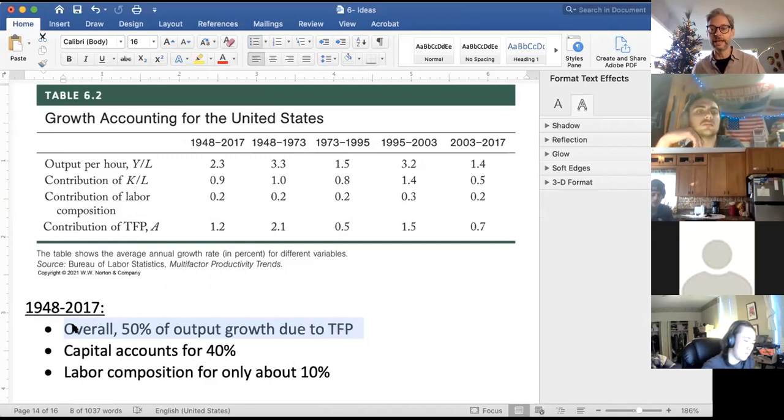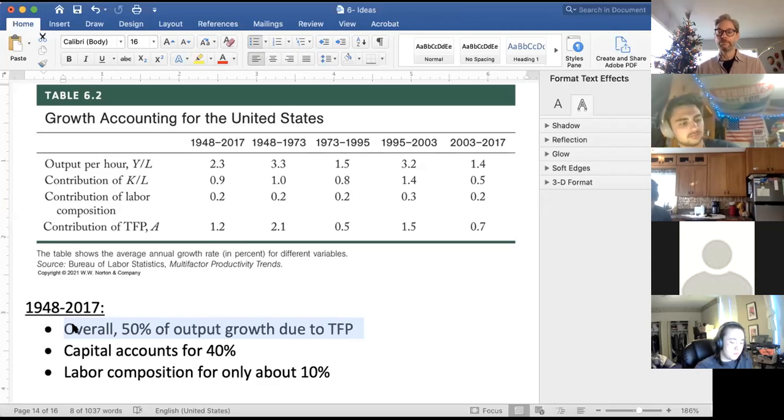The US labor force evolves very, very slowly. So it's never going to be a particularly big factor in changing growth one way or another, at least over longer periods of time. And so what we see here is that total factor productivity accounts for about 50% of output growth. Capital, about 40%, and labor, only about 10%.